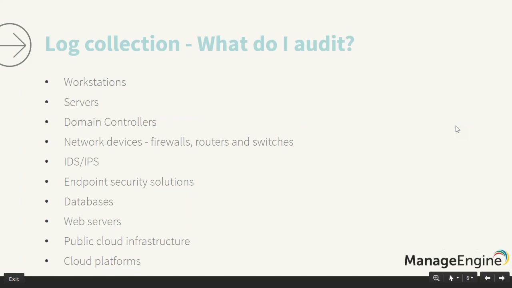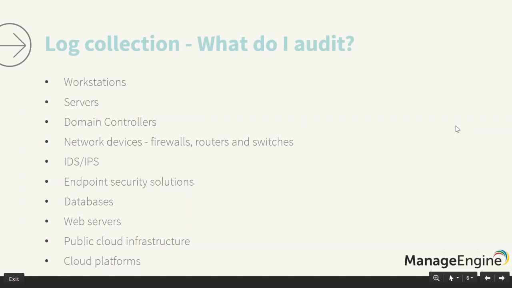Public cloud infrastructure and other cloud platforms can get a little tricky, and you need more cutting edge tools to be able to do that for you. But make sure that at the bare minimum, at least for your workstations, servers, your network devices, databases, and web servers, you're able to monitor all of these. Right. So this is an important first step that you need to take, which is to actually list down all of your log sources.